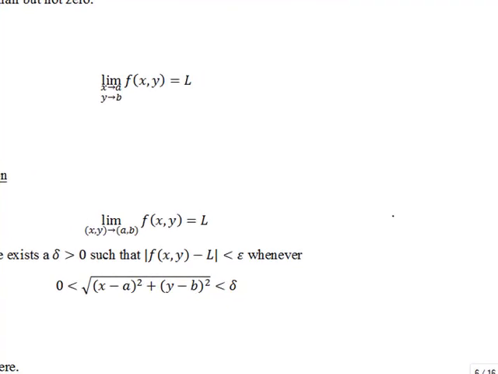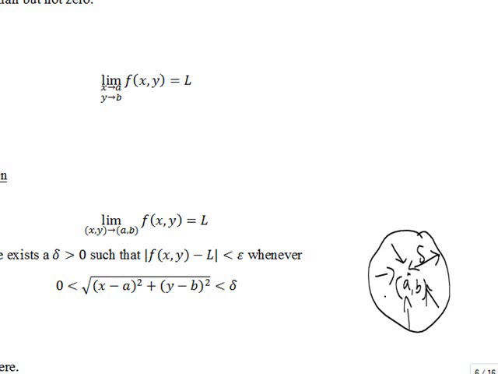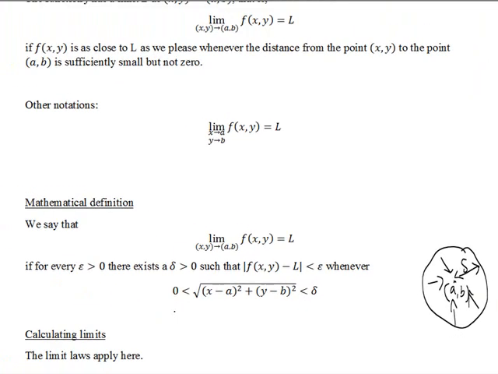So this is exactly what I drew a while ago: (a, b), radius delta, and we are approaching in many directions. That's what this means. And why do I have this greater than 0? All this is saying is that the function does not have to be defined at (a, b). That's why you have this greater than 0 there. All right, let's do some limits.